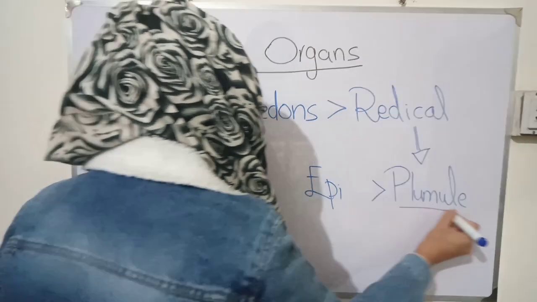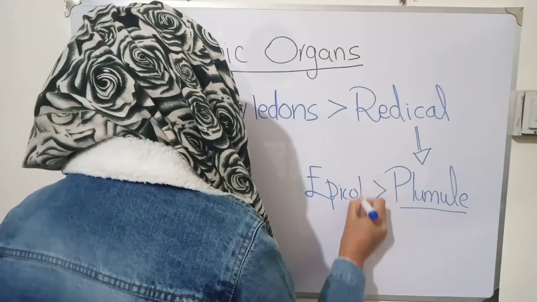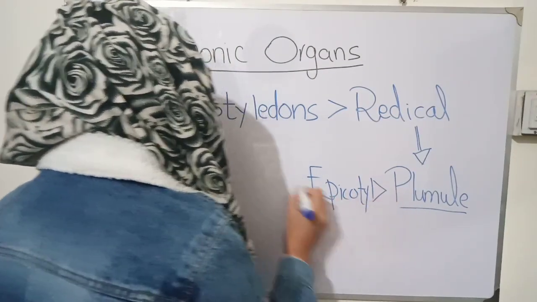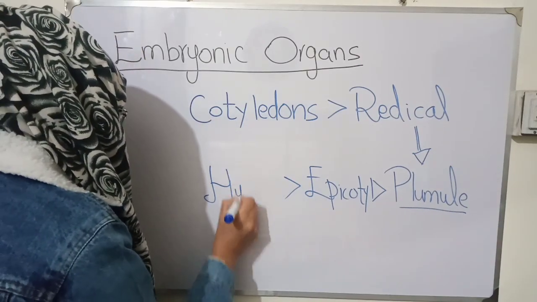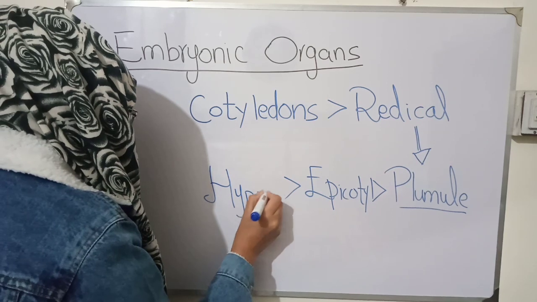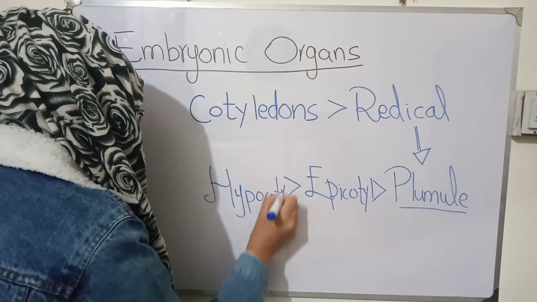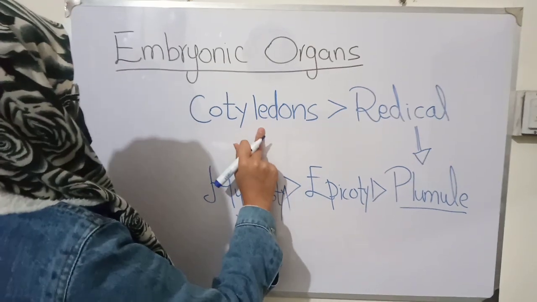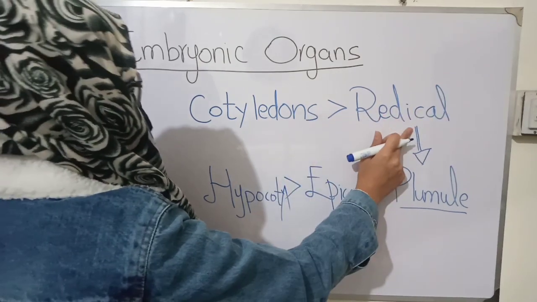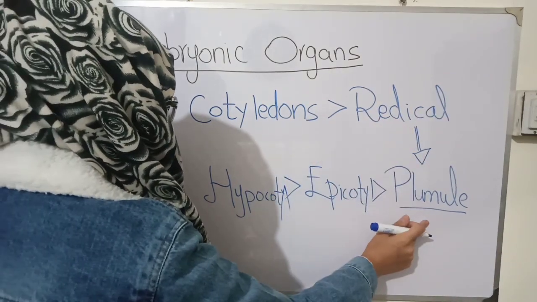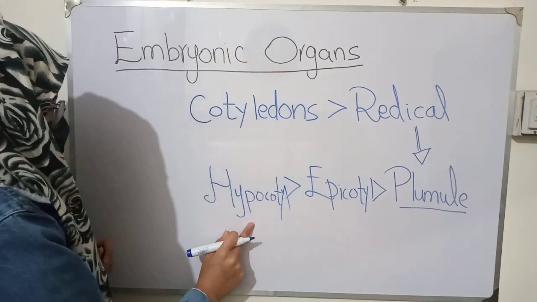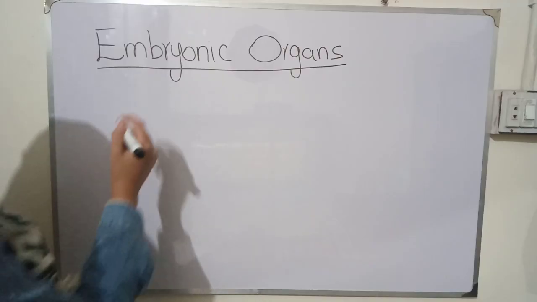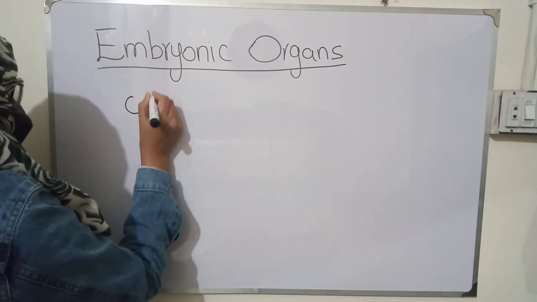After plumule, and at last is what? That is hypocotyl. First one is cotyledon, second one is radicle, third plumule, fourth epicotyl, and the last one is hypocotyl. First of all is what? Cotyledon.